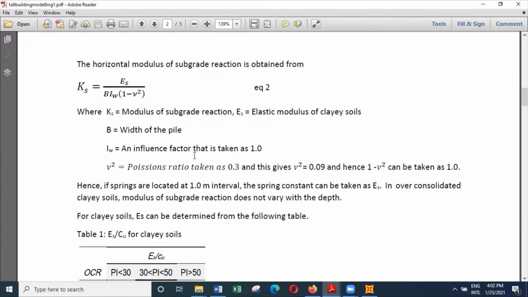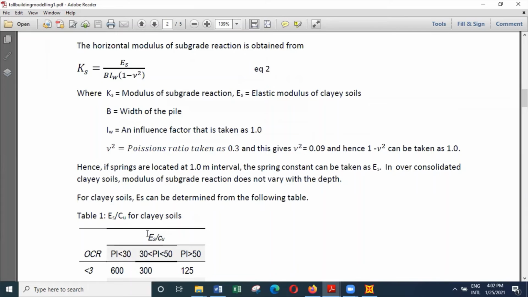And then when you know the elastic modulus, the horizontal subgrade reaction is given by this particular equation, and elastic modulus will be in kilonewtons per meter squared, because Cu is in kilonewtons per meter squared. So this is in kilonewtons per meter squared, and you have to divide it by the width of the pile.